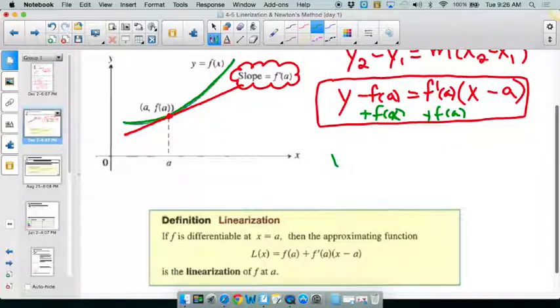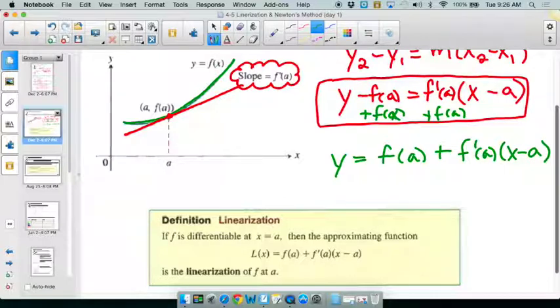So I have the value of my function at point a plus the derivative times x minus a. And that is called the linearization. Again, linearization is just writing the equation for the tangent line at a particular point. We've been doing that for quite some time.